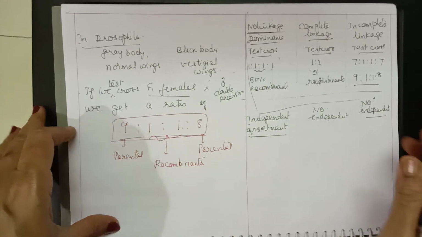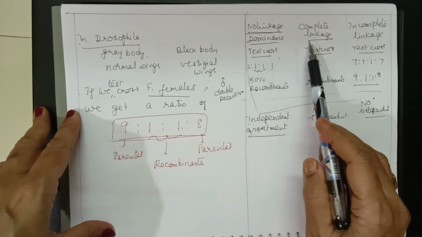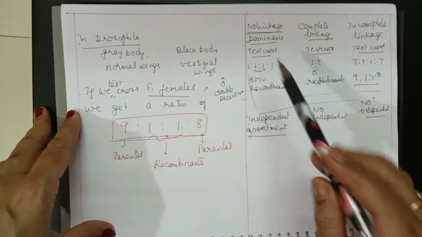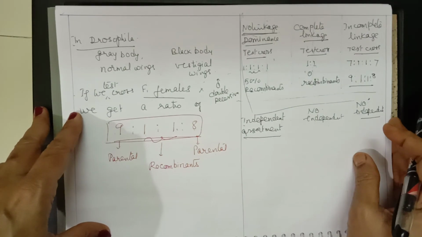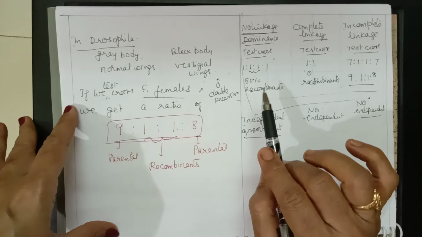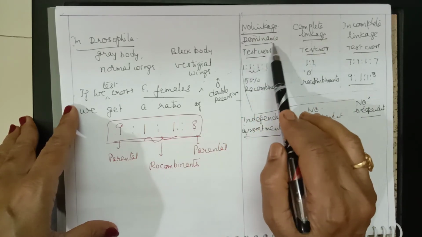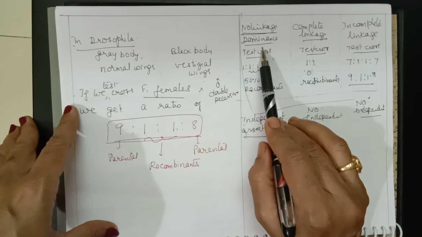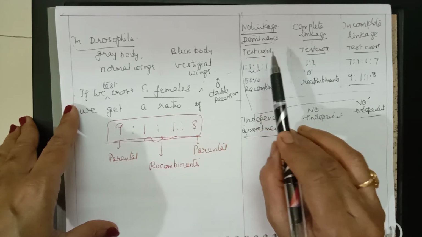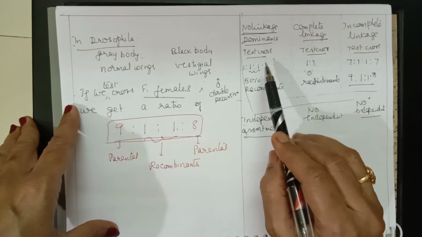Now, at the end, we will compare the three important phenomena which we studied right from Mendel's crosses. First one, according to Mendel, if there is no linkage present, it shows only the dominant character in a dihybrid cross. That means in a dihybrid cross, independent assortment is present. Then what do we get?